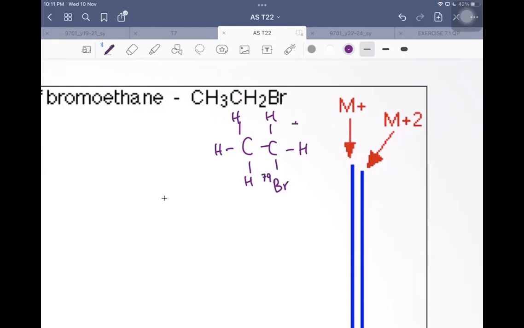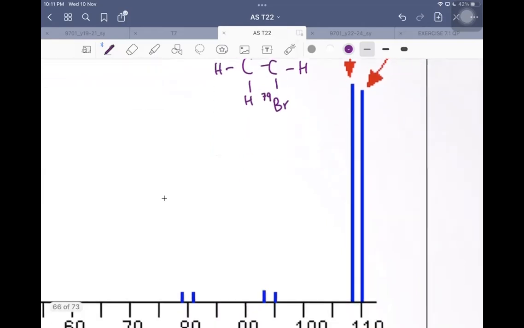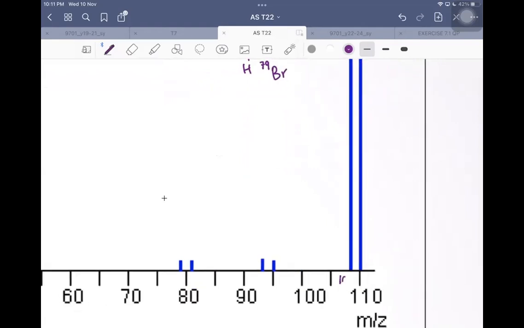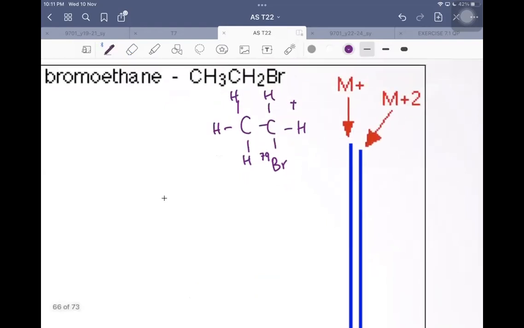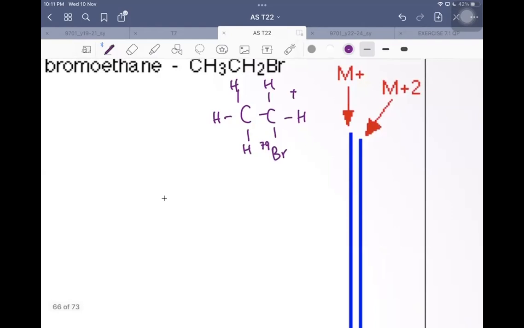So if you count the mass, 12 times 2 is 24, plus 4 hydrogen plus 79 bromine, you should get a peak at 107. Is that correct? 108, sorry, because the next one is 110, so it must be 108, 2 units difference. So where did I go wrong? 12 times 2, 24, plus 5 hydrogen plus 79.